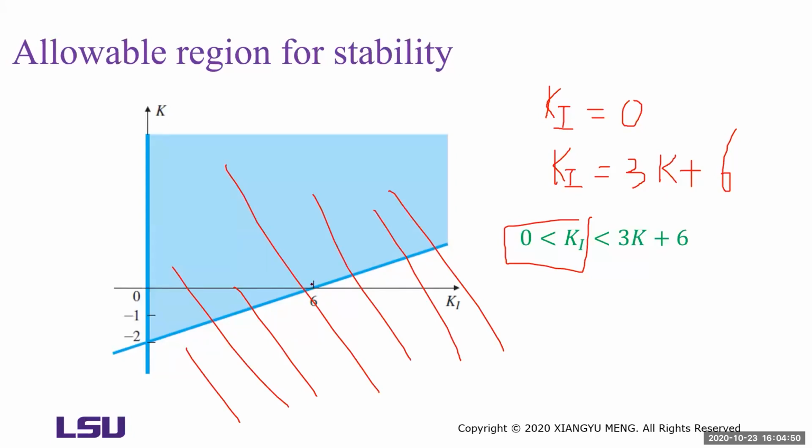Yeah, this point. This point is K is 0, Ki is 6. So another point, the Ki is 0. What's K? Negative 2, yeah. Have 2 points. Then we can connect the 2 points to get the line.